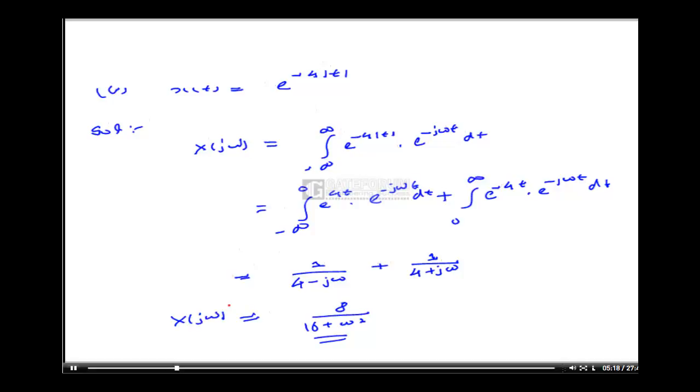If we see this X(j omega), it has only magnitude response. Phase response is 0.